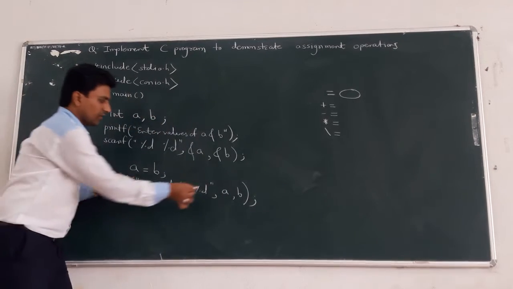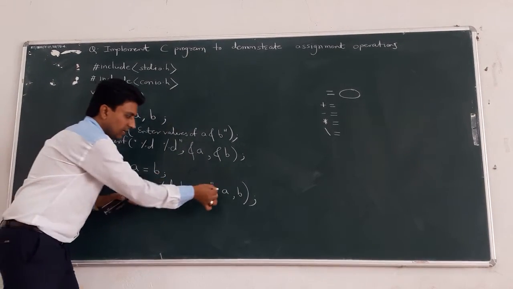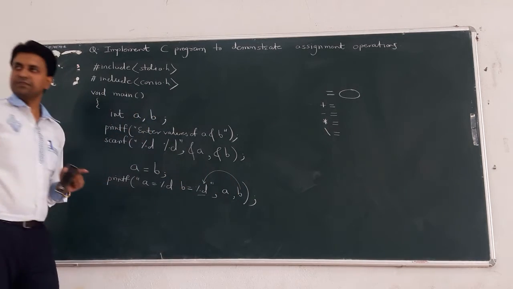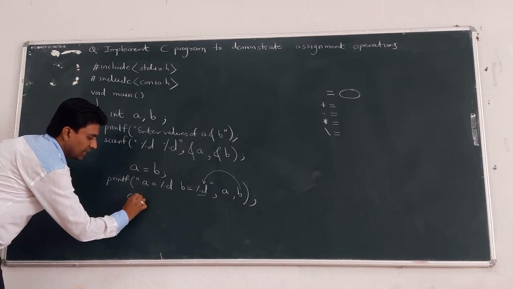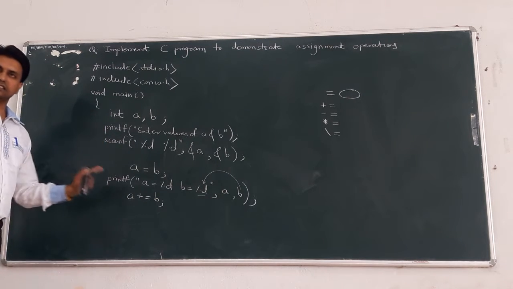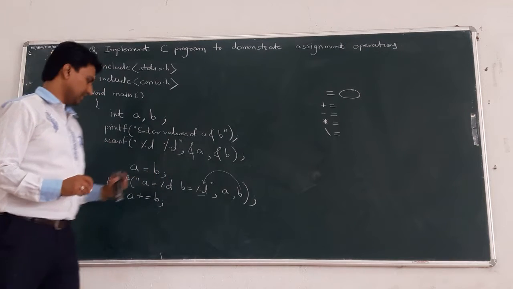So here, whatever may be the value in the a variable is printed instead of the first %d, and for the second %d the value of b is printed. Clear? After that, a plus equal to b. This is also an assignment operator, and again print the values of a and b.